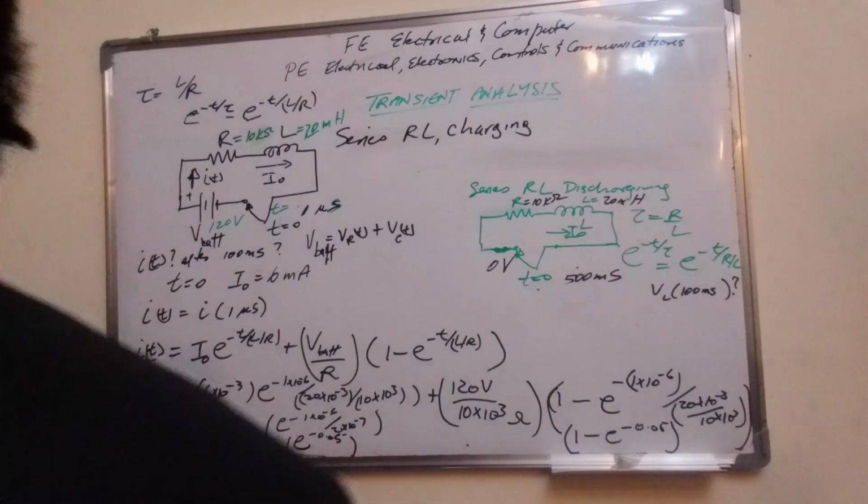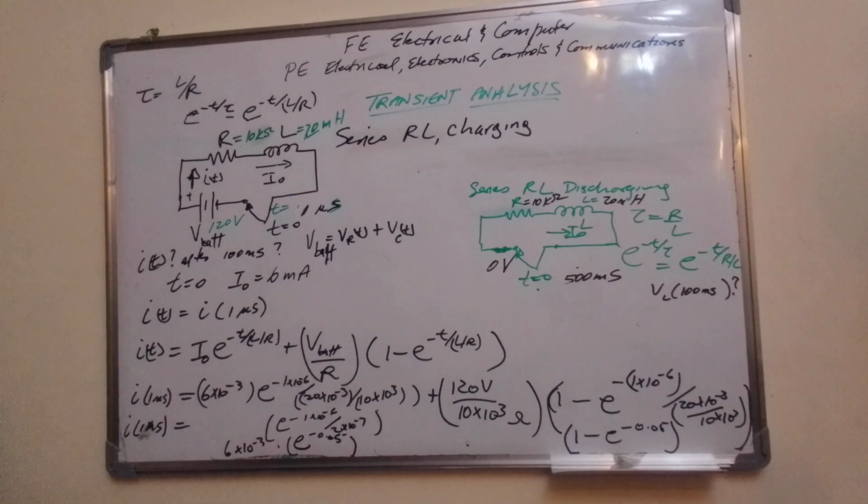Right. So let's see what e to the 0.05 equals. That's 1.05, right? So now it's going to be 1.05 multiplied by 6 times 10 to the minus 3, so this piece becomes 6.3 times 10 to the minus 3.